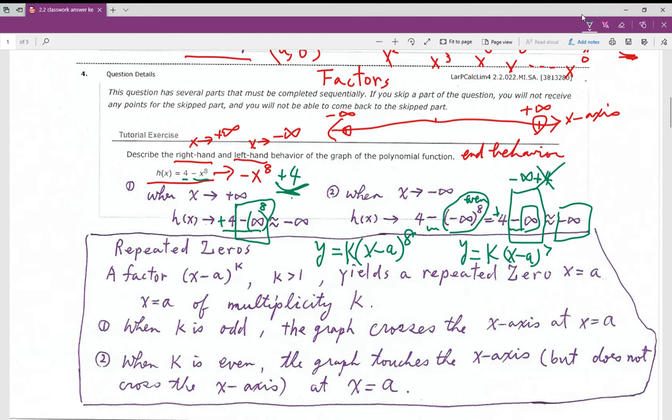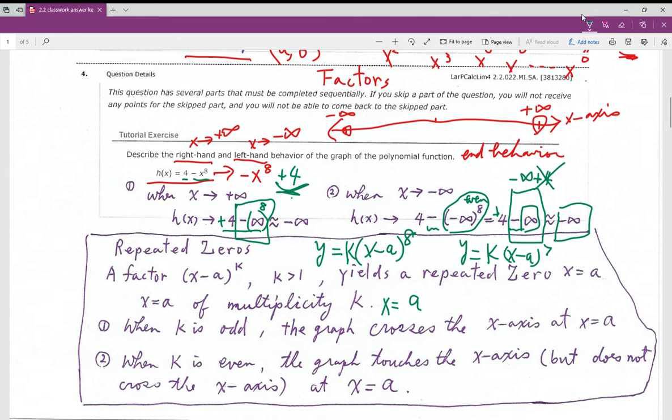Now, if you have a form of the polynomial like this, where all the plus and minus is inside the parentheses, then how many zeros do you have? Looks like there's only one answer, x equal to a.